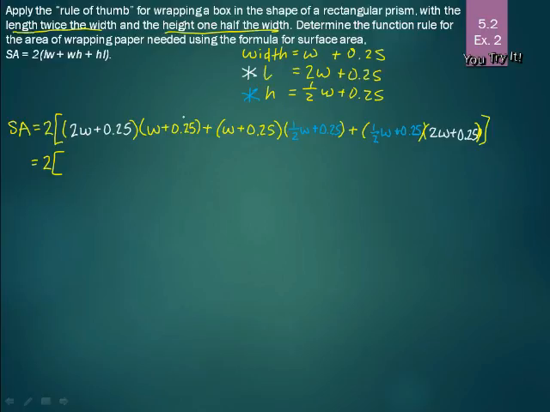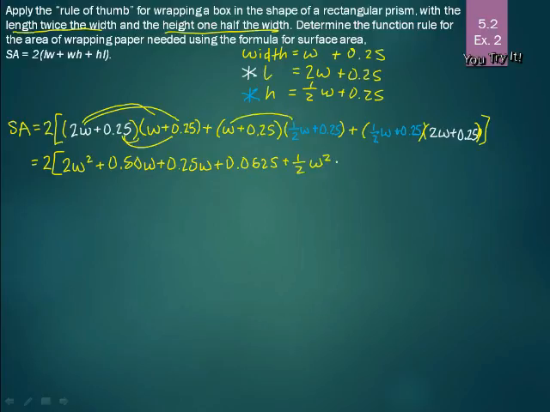First we have these first 2 pairs. 2W times W is 2W squared, and 2W times 25 hundredths is 50 hundredths W. Then 25 hundredths times W is 25 hundredths W, and 25 hundredths times 25 hundredths is 625 ten thousandths.